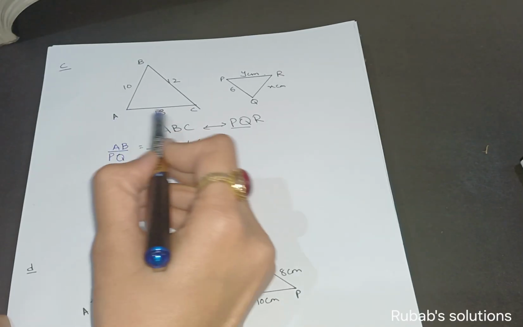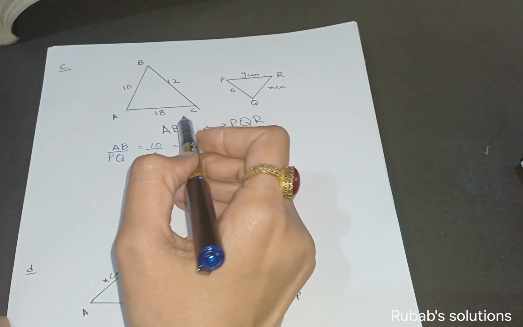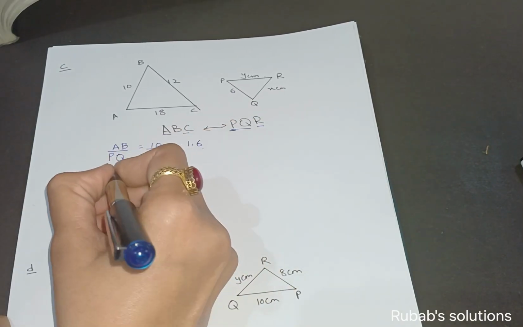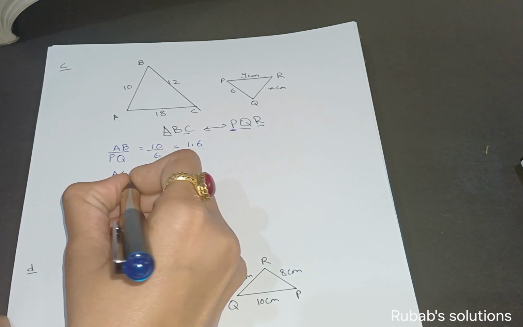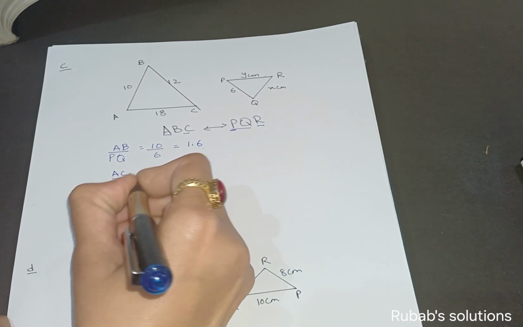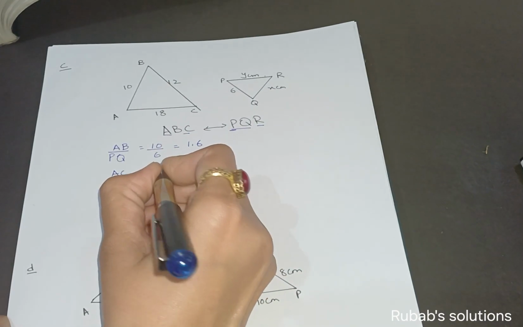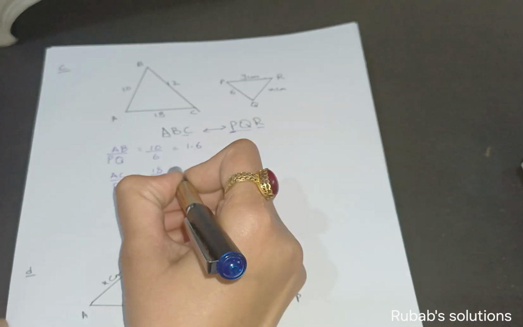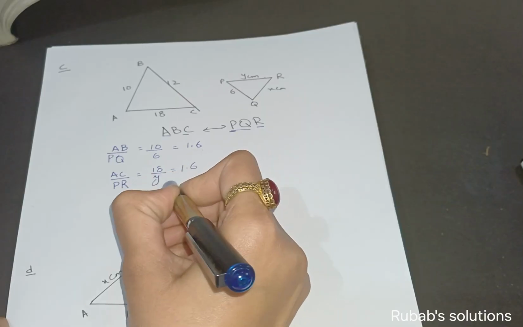From that, because you have to find the other missing side, AC, on the other side it is PR. So AC divided by PR, the value of AC is 18, and the value of PR we have to find, that is Y. It should be equal to the common ratio, that is 1.6.